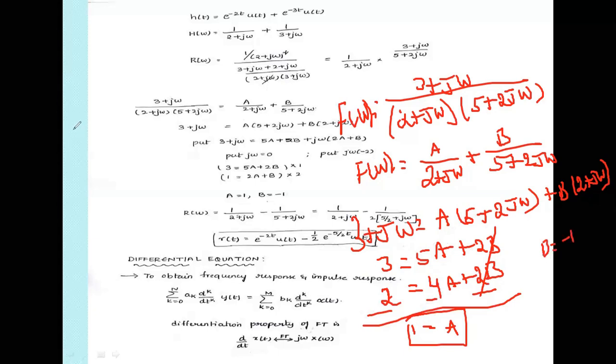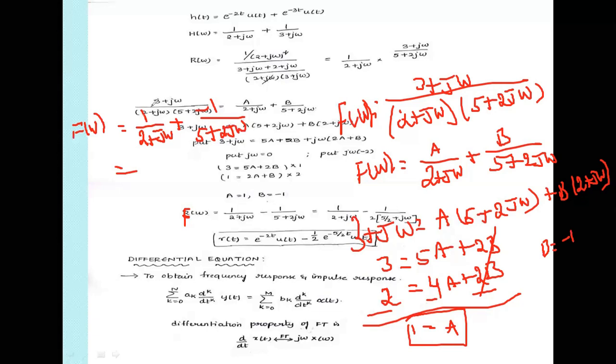So to get F of omega, not the R of omega, my students, it is F of omega as an input function, the output function is already given. F of omega is equal to 1 by 2 plus j omega, A is 1, plus B which is minus 1 by 5 plus 2j omega.